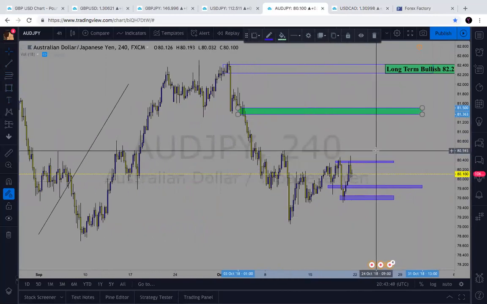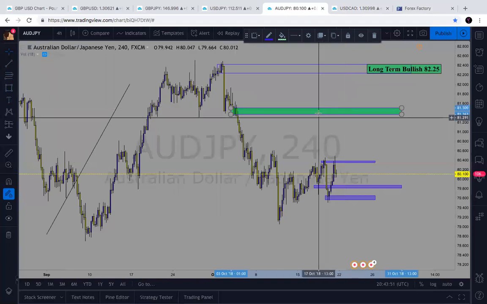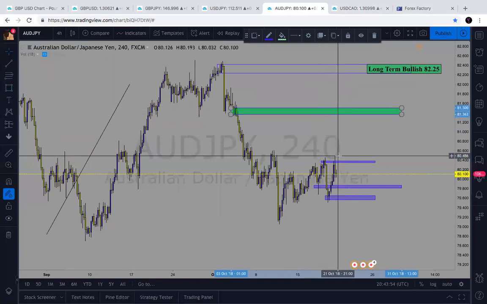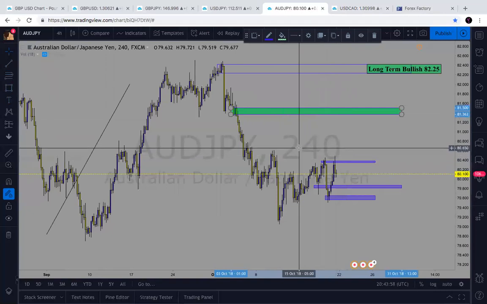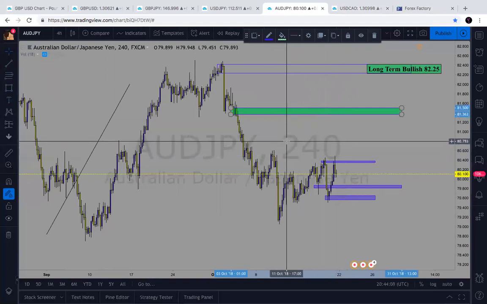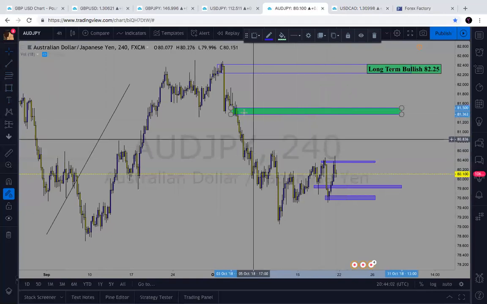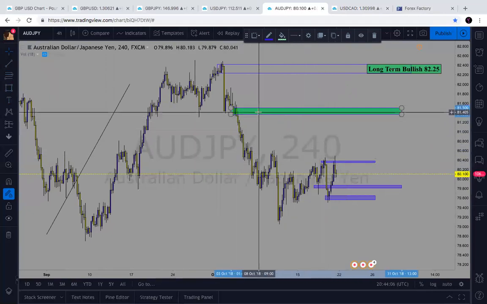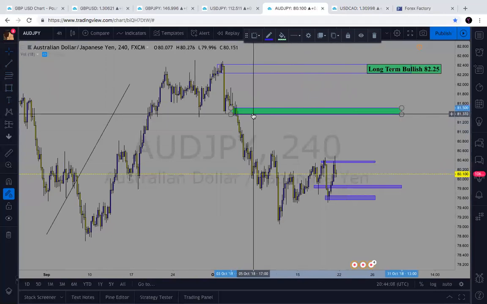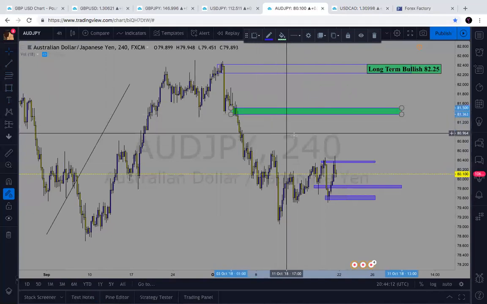Not immediately. Like I said, this is relatively short term. This is a lot of pips. It could take about 2 weeks because price doesn't move that much over the course of 1 week, although it can. It could take all week to get up here, but step by step, we look at this.